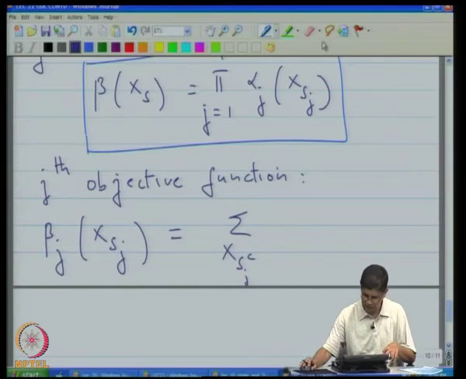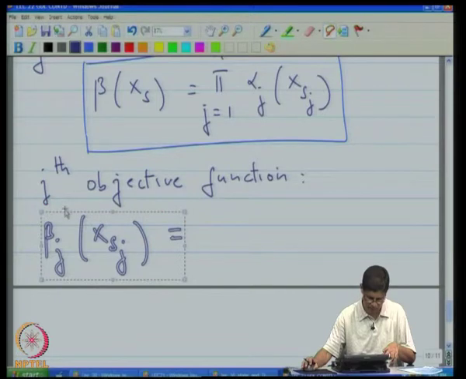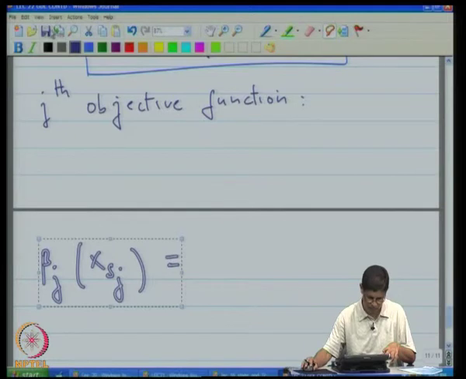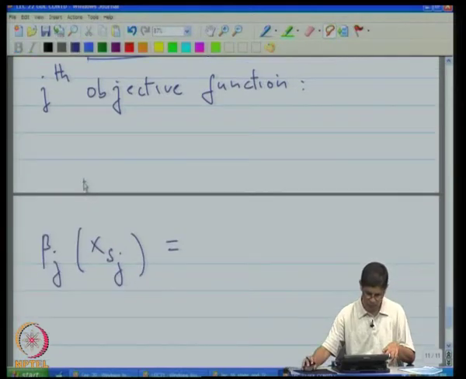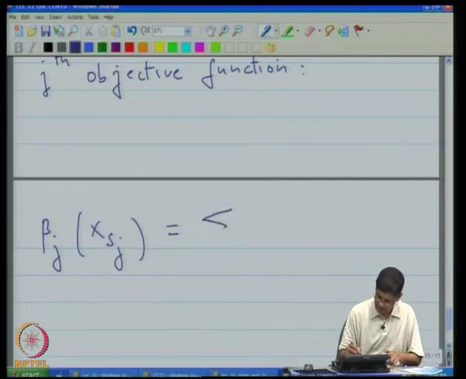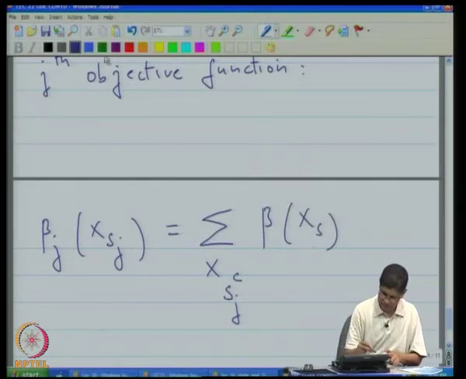Let me write this out on the next page. So, the jth objective function is the marginalization. So, that is given by the sum over x_{S_j complement} of beta of x_S.